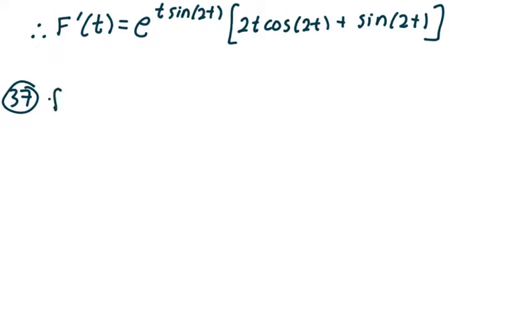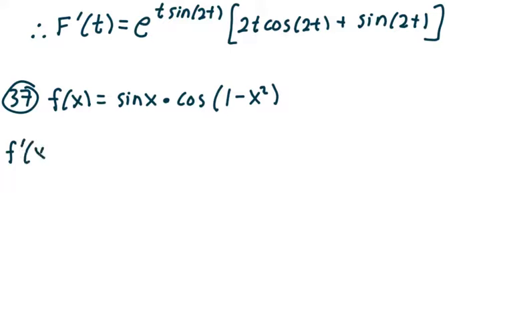Suppose f of x is equal to sine x times cosine of 1 minus x squared. And I want to take the derivative. So this is a classic product rule problem.